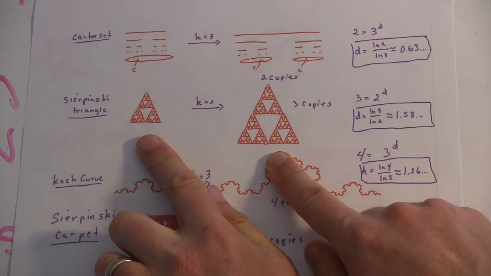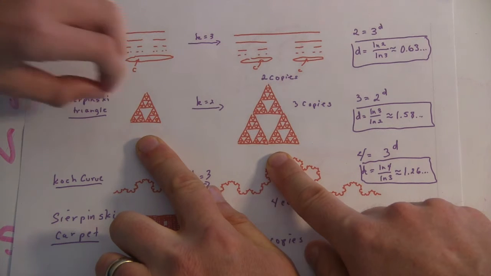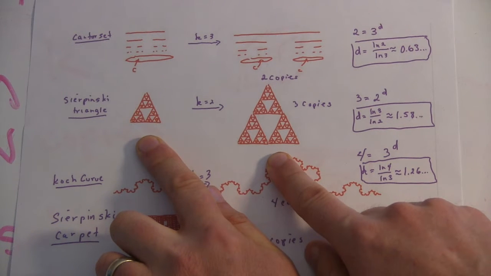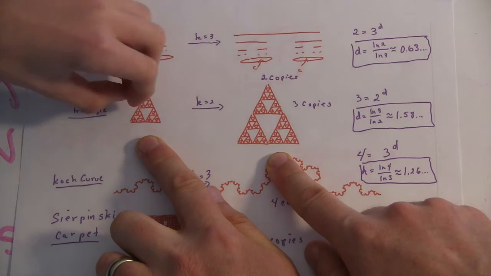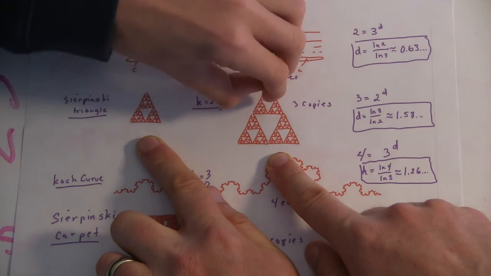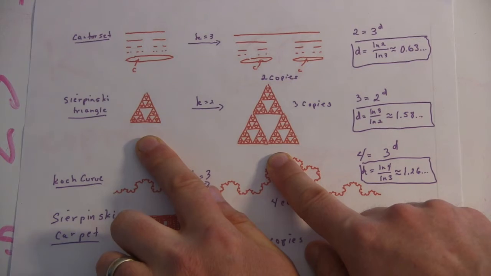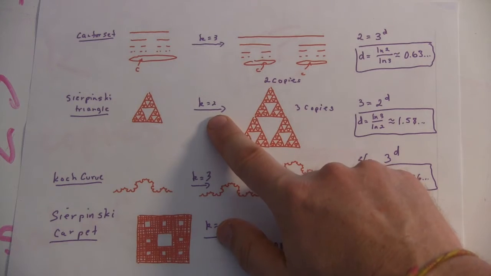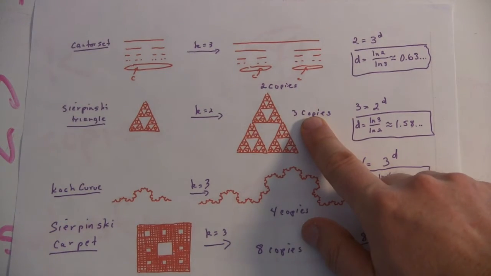I guess the Sierpinski Triangle is made by just going, it's already going infinitely small. Scaling it up creates 3 copies. Here, here, here. So now this time I got an interesting situation where I scaled by a factor of 2, and now I got 3 copies.